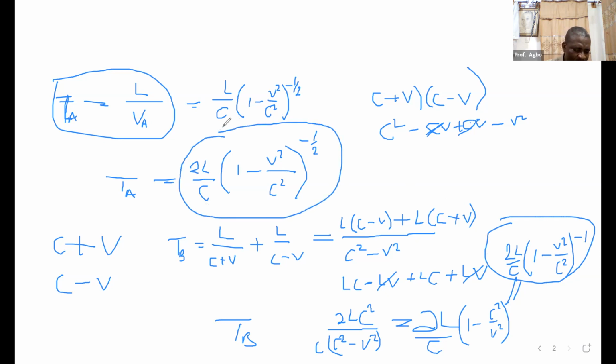What are we going to see now? You are going to see that the two round trip times are different. They are not the same. This is raised to power half, that is, this one is raised to power minus half. This is raised to power minus 1.